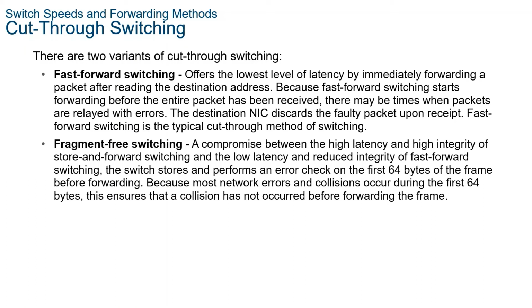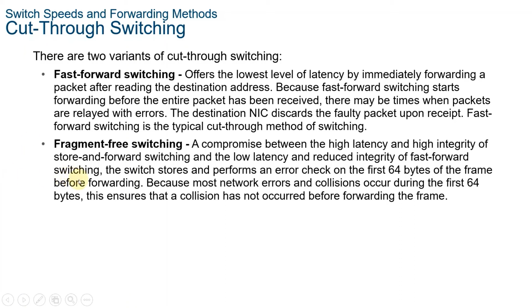Because fast-forward switching starts forwarding before the entire packet has been received, there may be times when packets are relayed with errors. This occurs infrequently, and the destination NIC discards the faulty packet upon receipt. In the fast-forward method, latency is measured from the first bit received to the first bit transmitted.